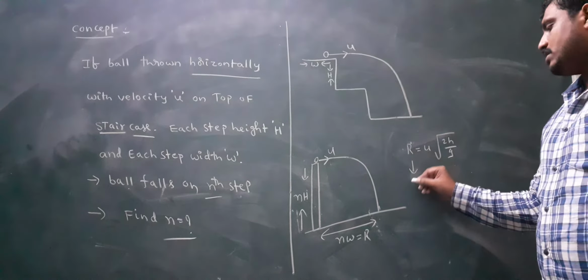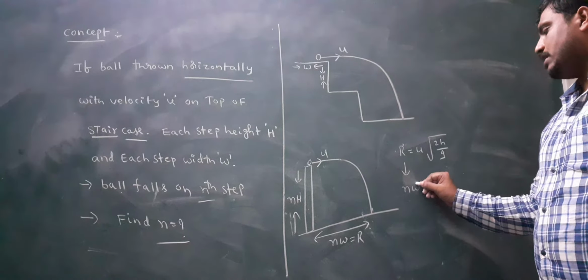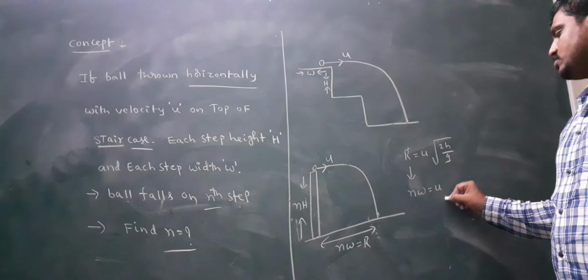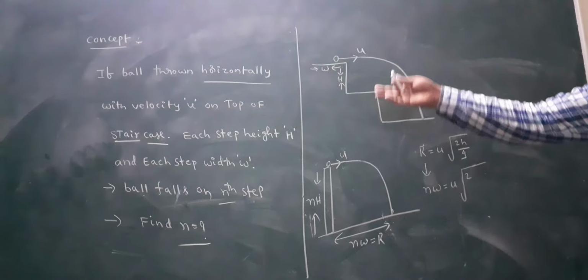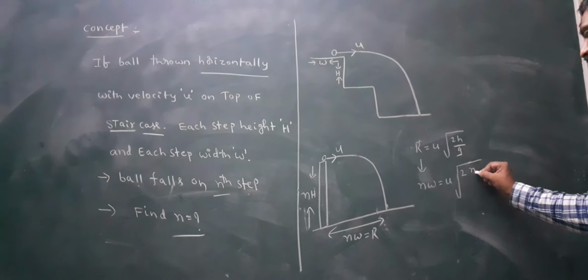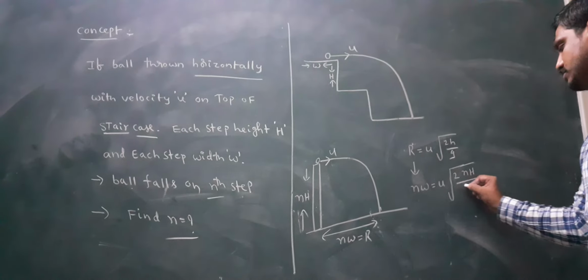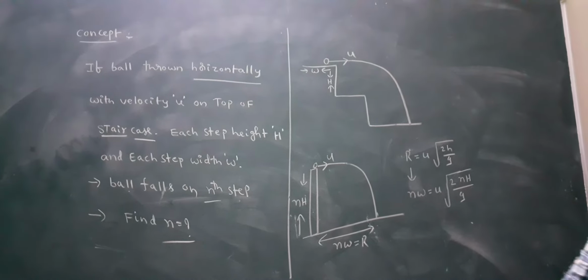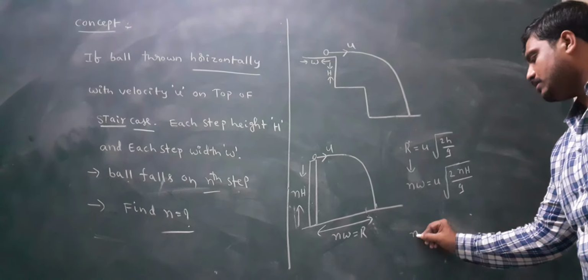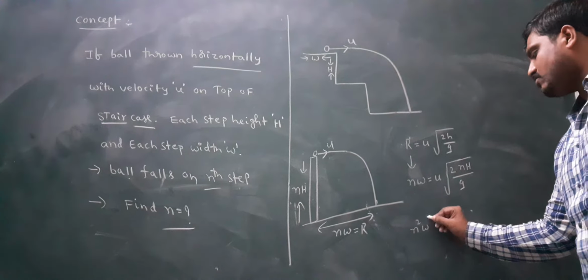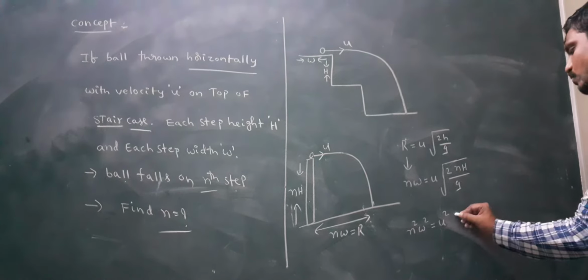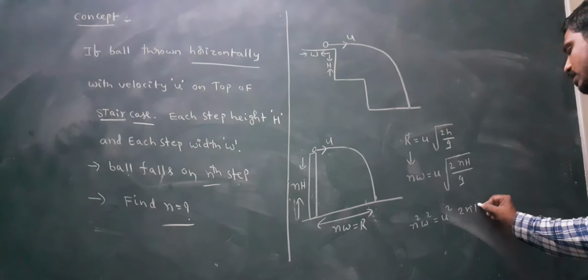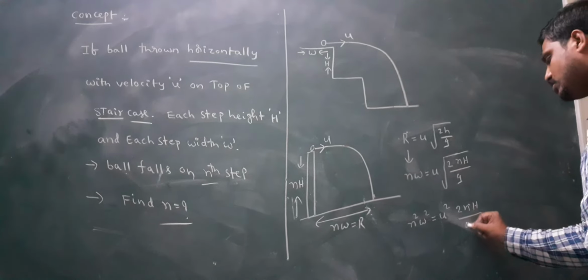Here, what is the horizontal distance? nW. U under root 2, what is the height of the tower? nH, whole by g. Squaring on both sides, n square W square equals u square into 2nH by g.